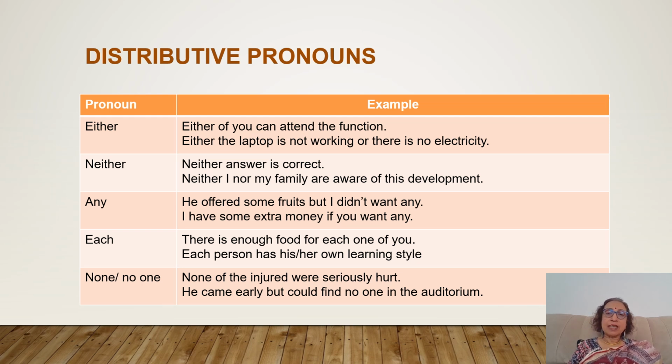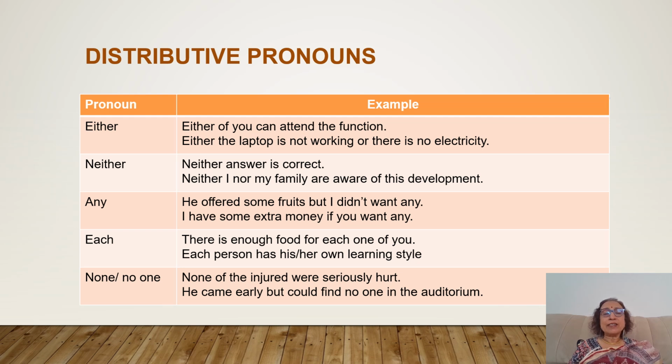Sometimes they use the same word, like we had the word anyone or anybody. Now here anyone is specifically pointed out. Anyone who wants the prize has to work hard. So anyone who wants the prize, a specific group.